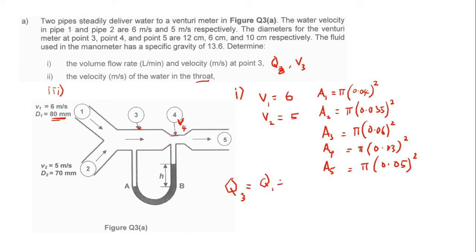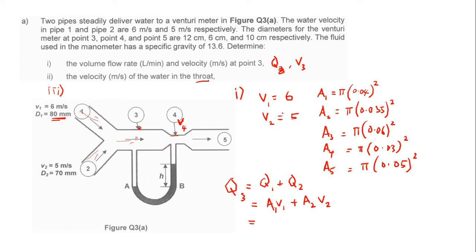So you get the concept: there are 2 flows coming in, so you add them here. 1 plus 2 is equal to 3. So what is the equation? Q1 is A1 times V1, and Q2 is A2 times V2. So you just put the numbers in.